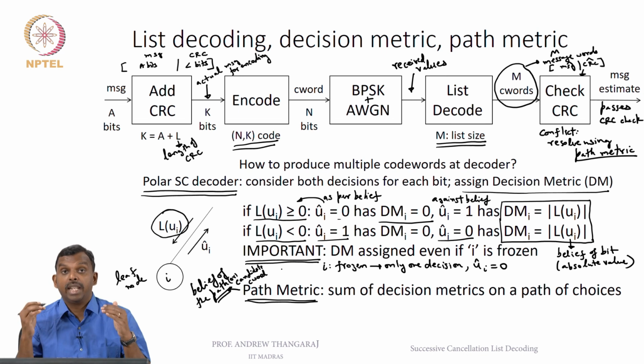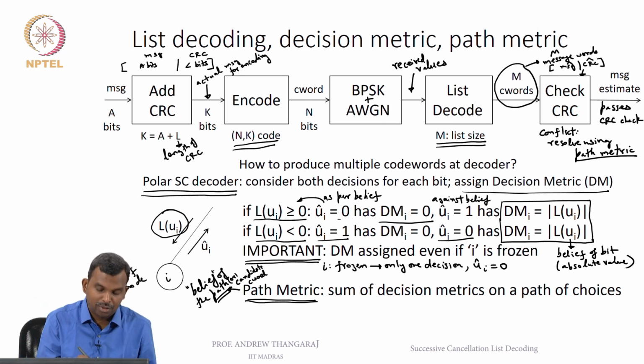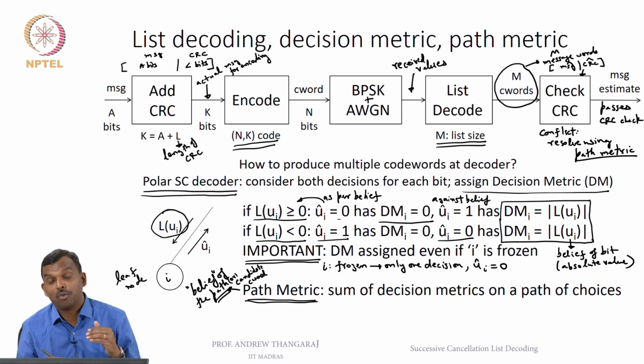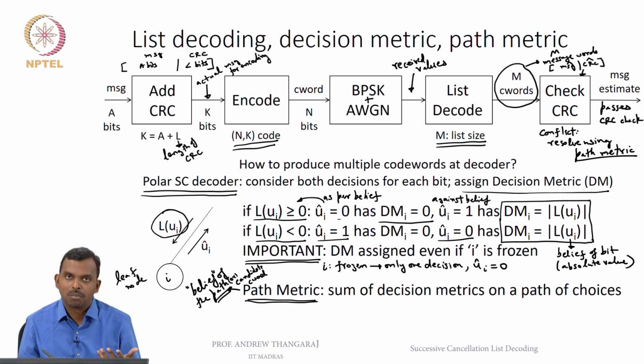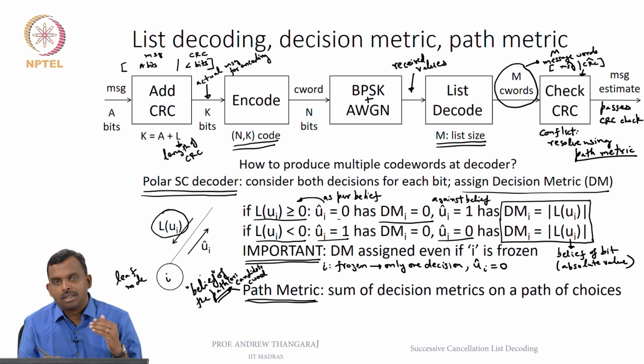If the path metric is very low, okay, so it's sort of like the opposite of belief. I put belief in quotes there. If the path metric is very low, then your penalty is very low, which means your belief is very high. Okay, it's sort of the opposite. Okay, when I say belief, keep the quotes in mind. It's the opposite of belief. So, if the path metric is low, then you're more confident about the code word. If the path metric is higher, you're less confident about the code word.